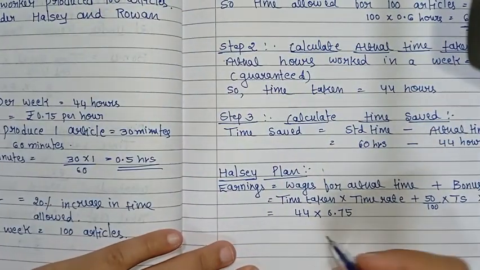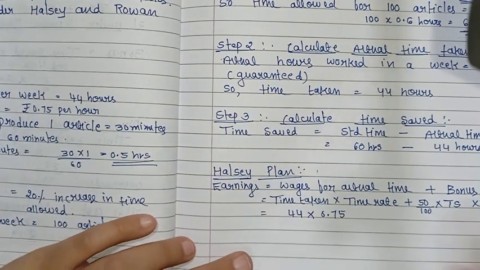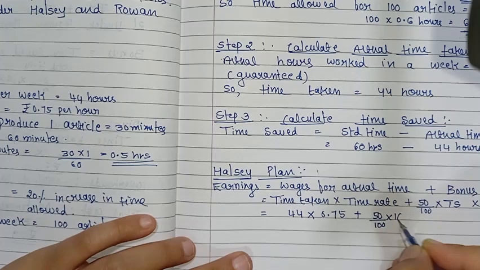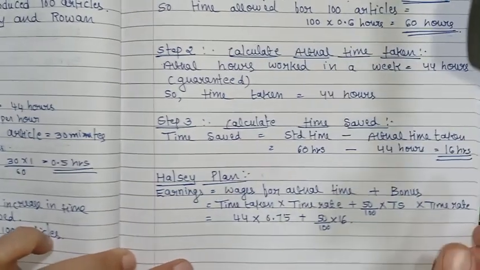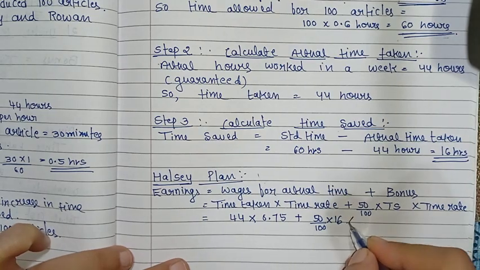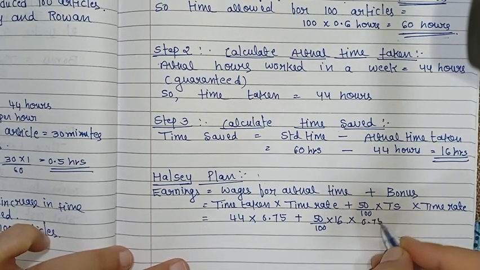0.75 per hour. So this is the wages for actual time, plus 50% of time saved, that is 16 hours. Just now we have calculated, right? That is 16 hours into time rate 0.75.